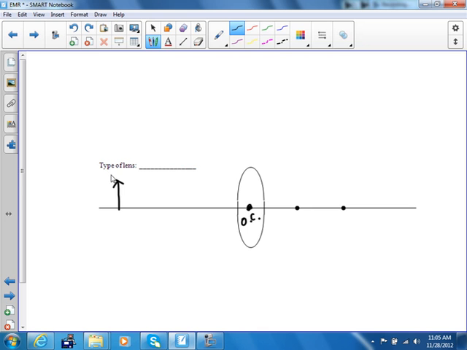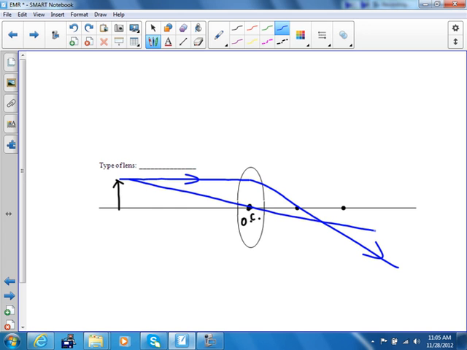First ray is going to go parallel to the principal axis. It's going to converge down through the focal point. Second ray is going to go from the top of the object down through the optical center, and it's going to keep going straight through.